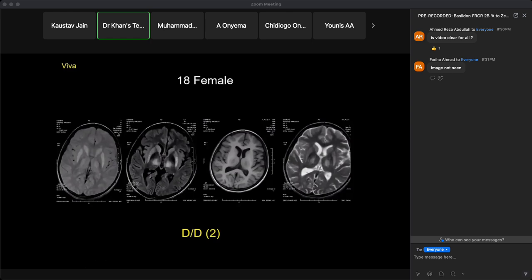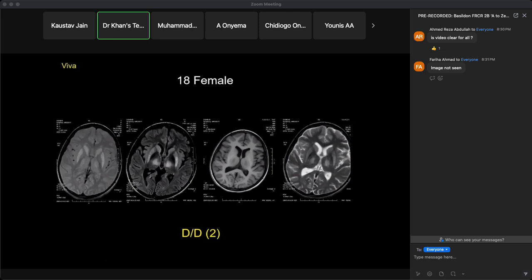So these are selected MR images of the brain. There's an abnormality centered in the thalami bilaterally. There's high FLAIR signal, which is also high on T2, with corresponding low signal on T1.